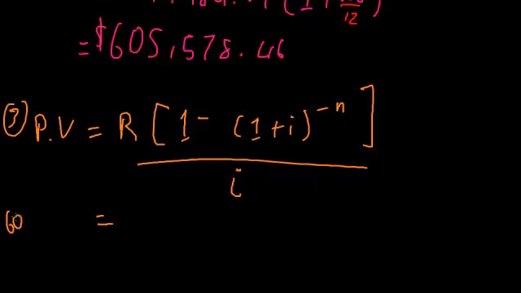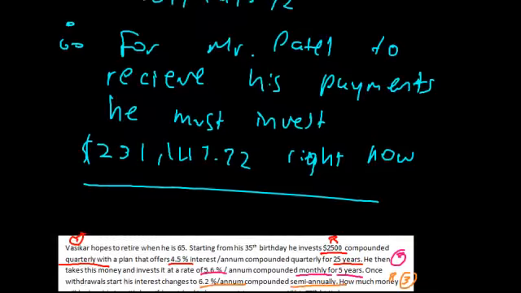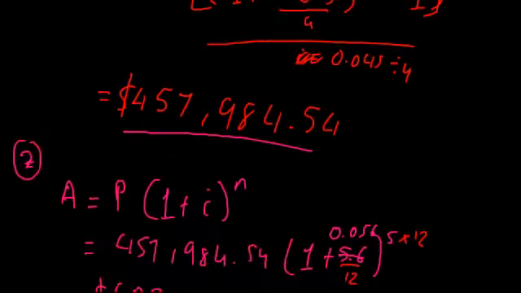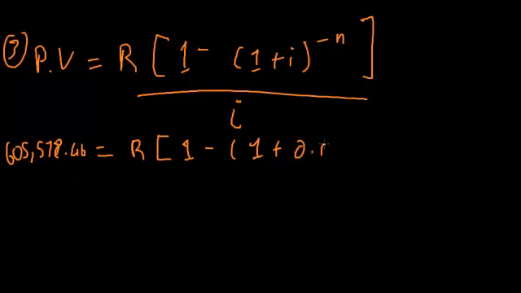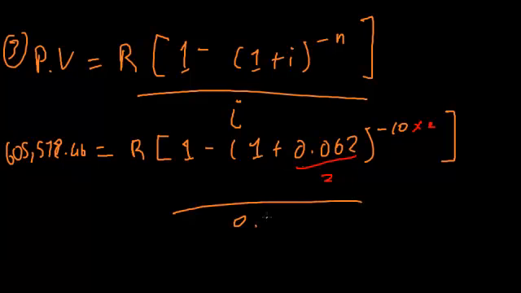So 605,578.46 is equal to R into 1 minus 1 plus the interest rate, which is 6.2%, 0.062 divided by 2 because it's semi-annual, the power of negative 10 multiplied by 2, semi-annual, all over 0.062 divided by 2.